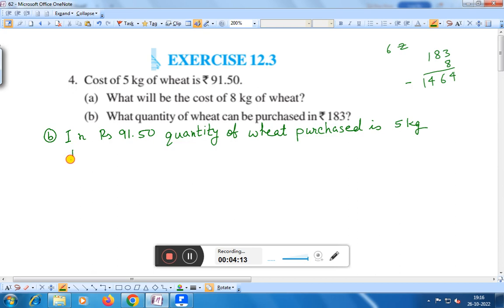Therefore, in rupee 1, quantity of wheat purchased is 5 by 91.50 kg.